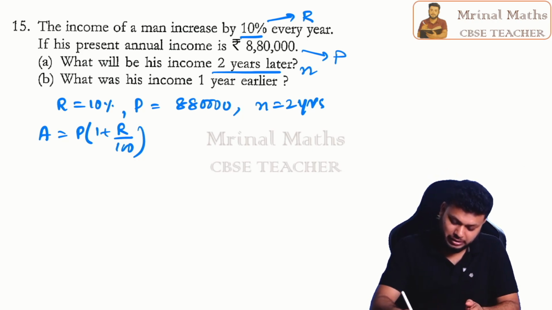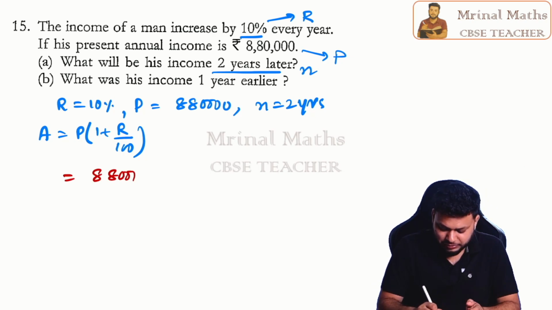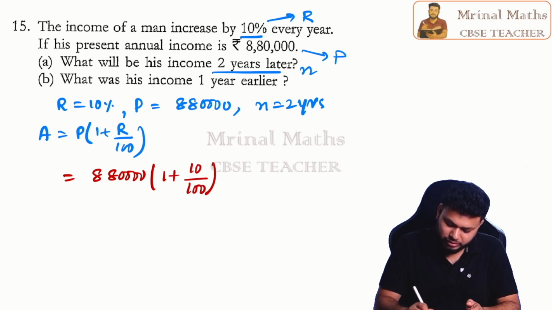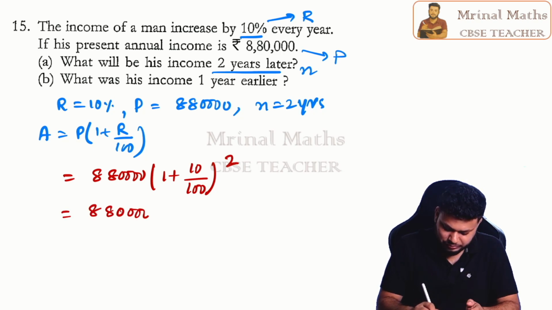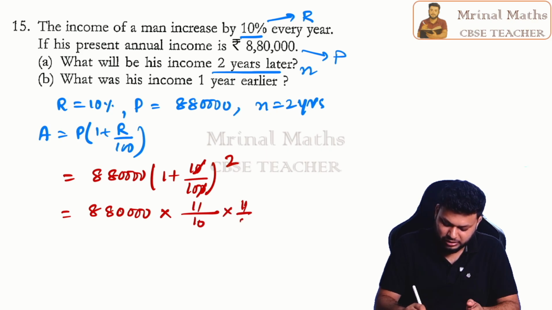Okay. So P is 8,80,000. 1 plus R value is 10 by 100 to the power 2. So we have 8,80,000 into, 0 0 cut by the way. 10 ones are 10 plus 1, 11. So 11 by 10 into 11 by 10 since you have a square out here.